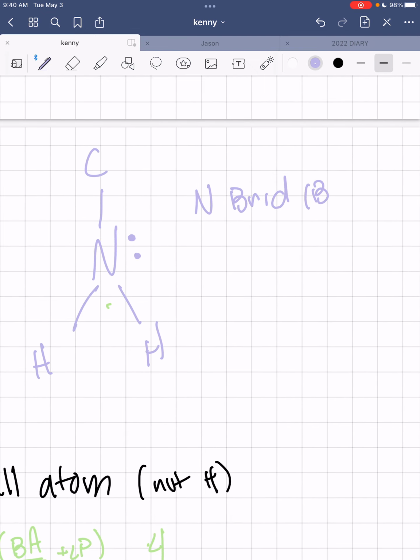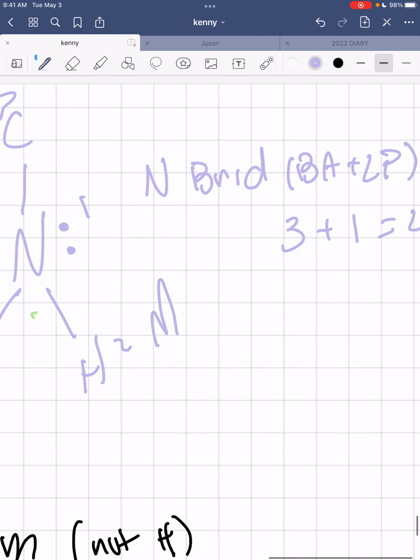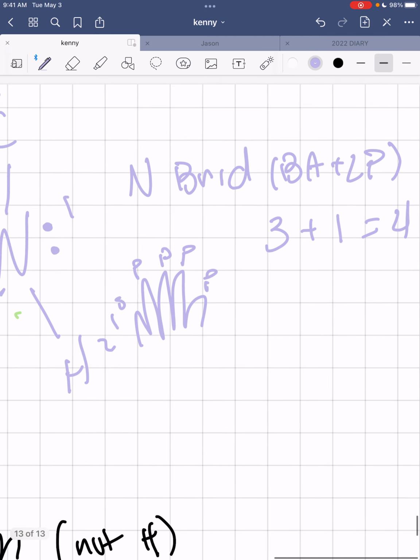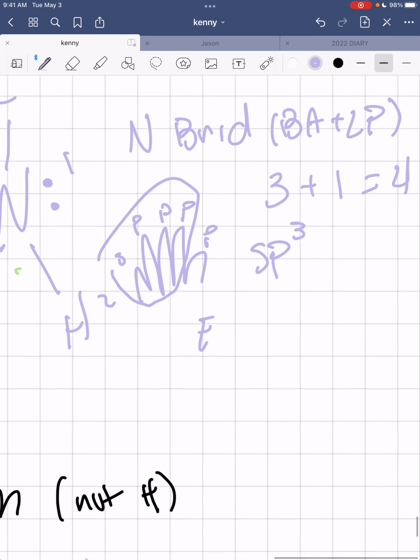So BA plus LP are bonding atoms plus lone pairs. 1, 2, 3 bonding atoms plus 1 lone pair equals 4. And with the 4, we do the finger trick: sp, p, p, p, 4. So sp3. And then electron geometry.